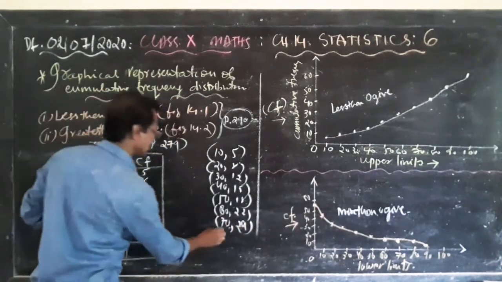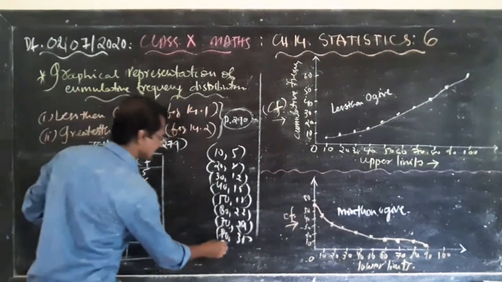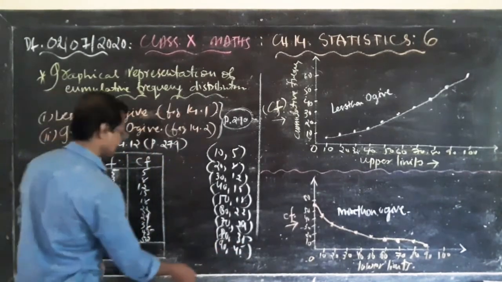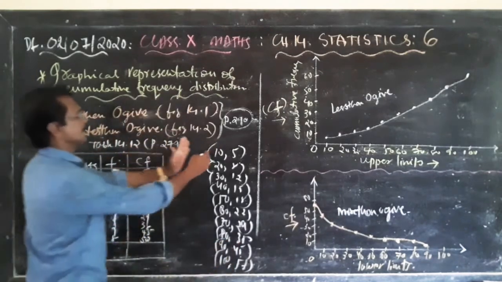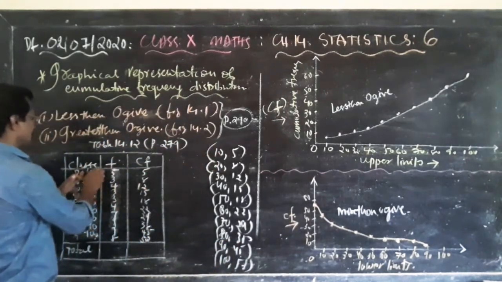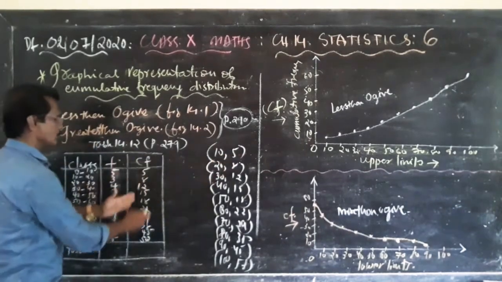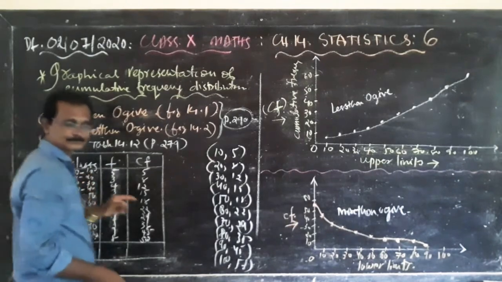Then 80, 38. 90, 45. Then 100, 53. Because the x coordinate is the upper limit and the y coordinate is the cumulative frequency: 5, 10 upper limit.